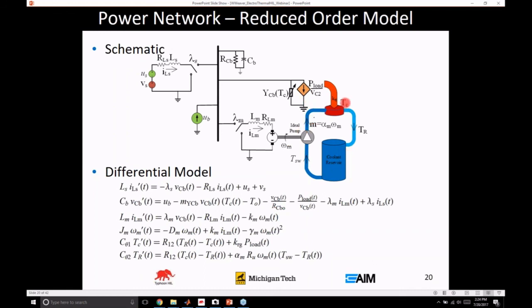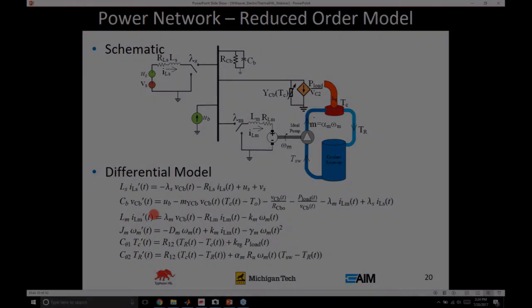And the temperature of the cooling loop, TC, is going to change that resistive element in the electrical network. If you're interested, here are the differential equations that we could use to describe this. These differential equation models often come in pretty handy for analytic analysis, and at least for getting a start on Hamiltonian analysis and determination of stability points.